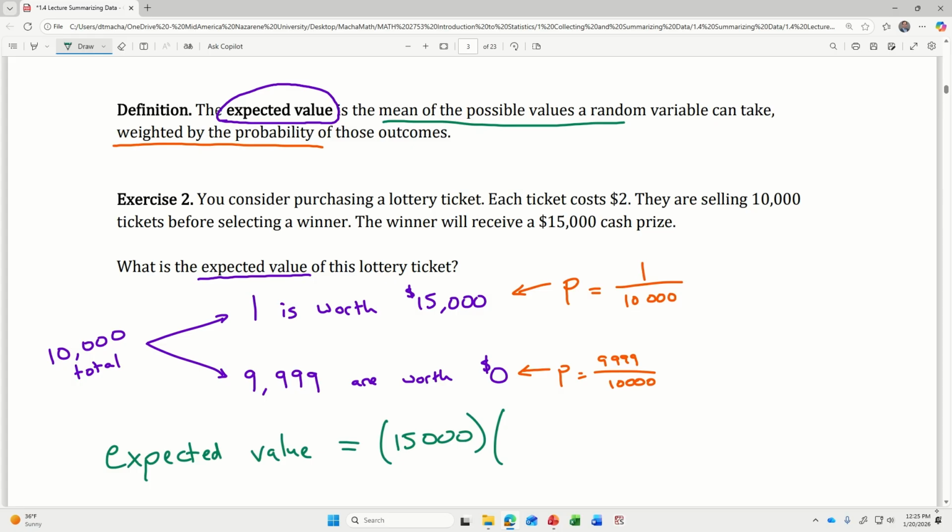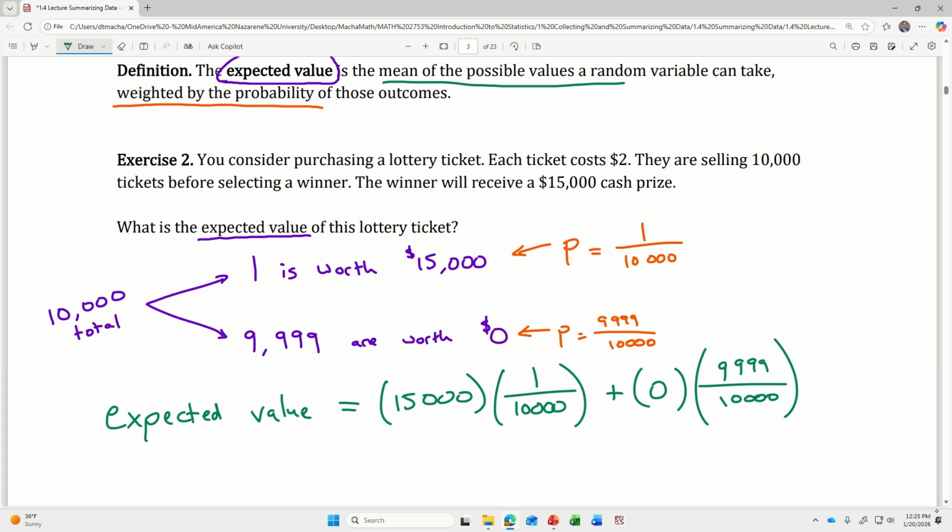This is weighted by the probabilities, and so we multiply each one of the outcomes times the probability. So in the end, what's my expected value?